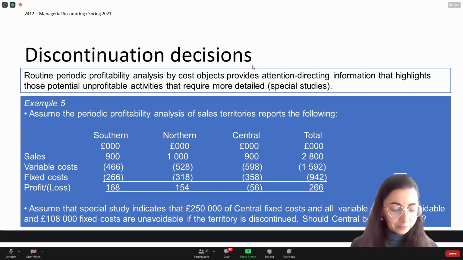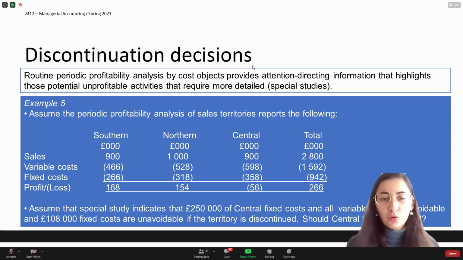Okay. If we discontinue Central, we will not have sales and we will not have variable costs, so those two items go to zero, but we will keep fixed costs in the amount of 108,000. That would give us a loss of 108,000.